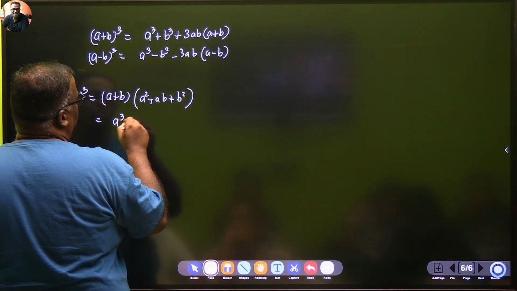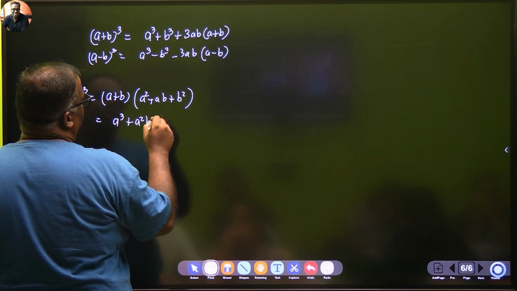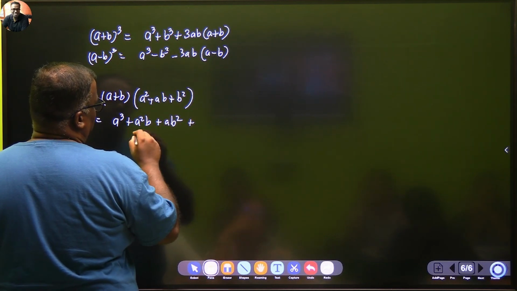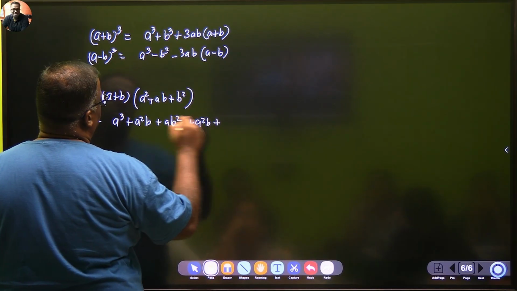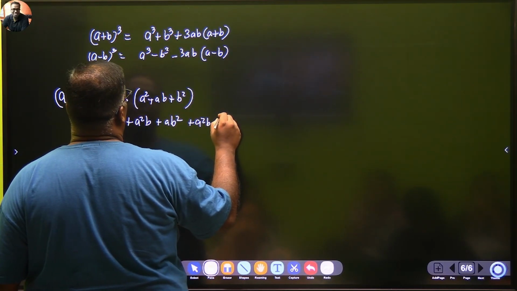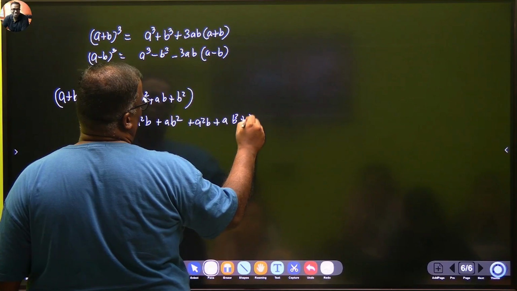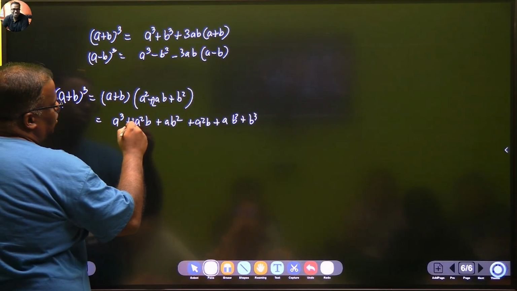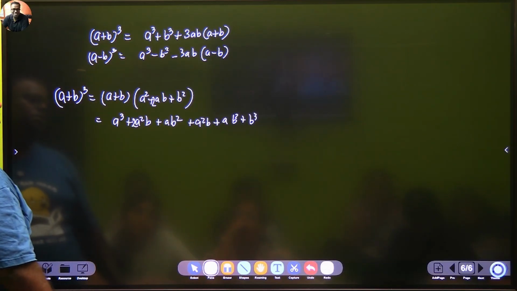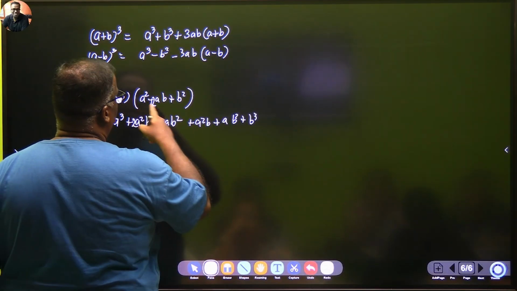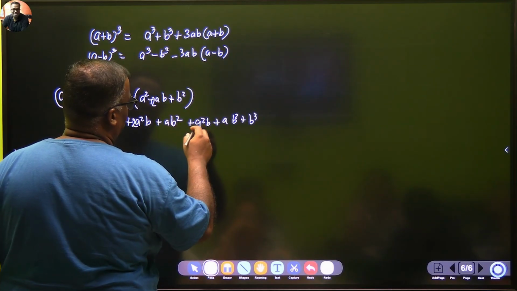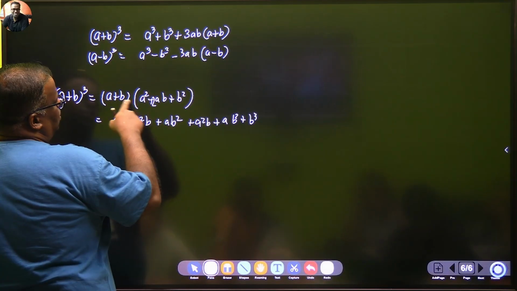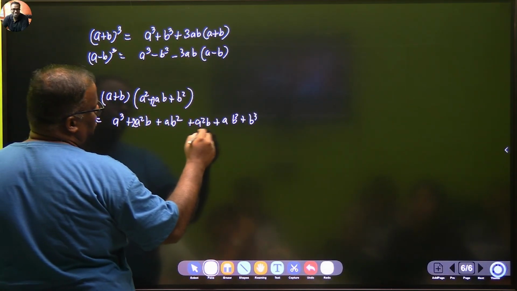A cube plus a square b plus ab square plus a square b plus ab square plus b cube. Yes, this will be 2ab. Taking 2 common: 2a square b, then 2ab square.